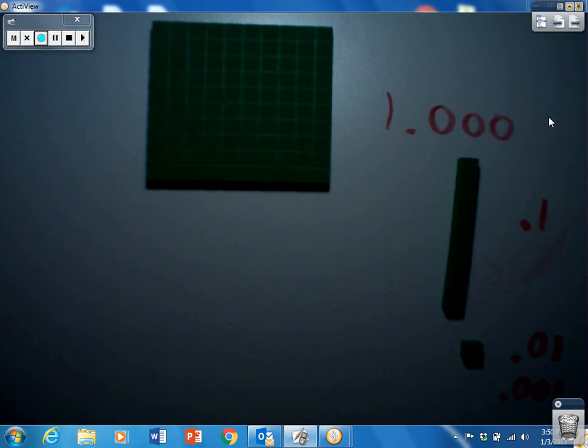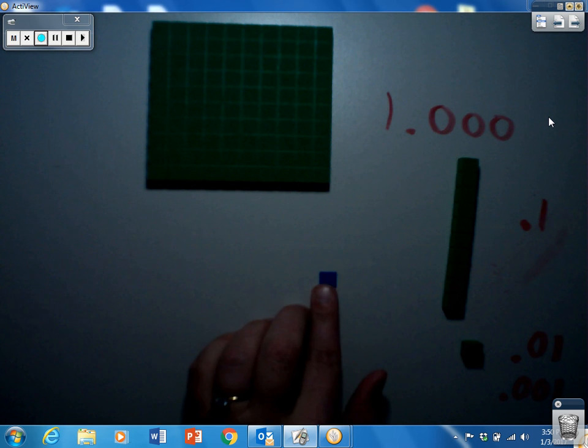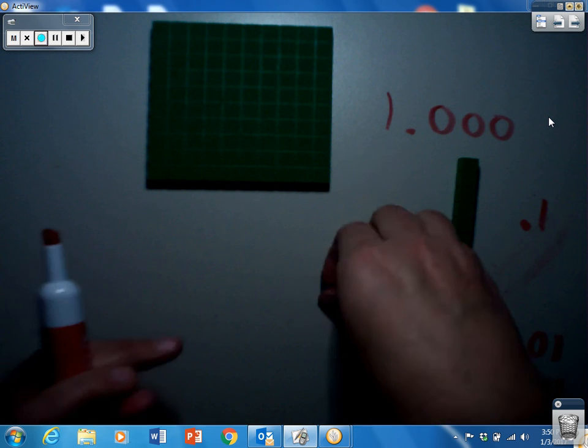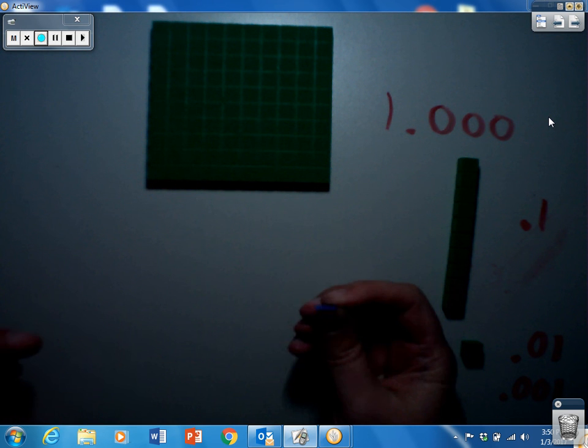And this is where it gets a teeny tiny bit trickier. Because you're saying, Miss Davis, we don't have anything smaller than that, because the cube has always been the smallest thing. Until today. Here is a little piece. If you see how tiny it is.